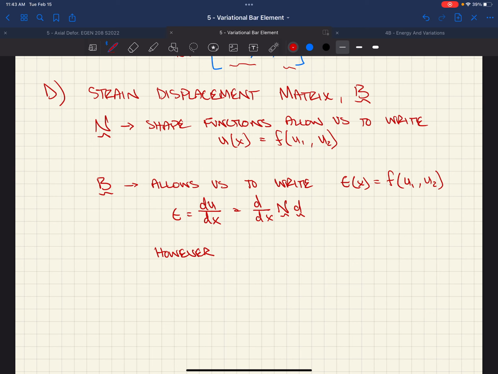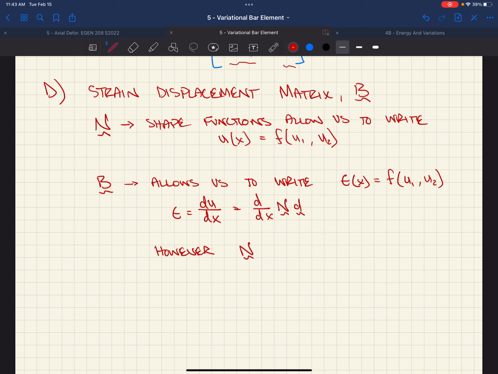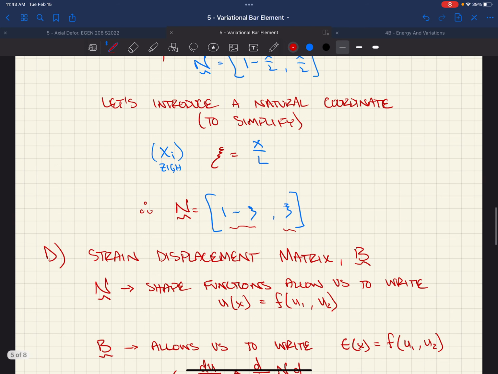Well, that's N D. However, N, as we know, is a function of xi and not a function of x anymore, because we use this simplification with this natural coordinate.